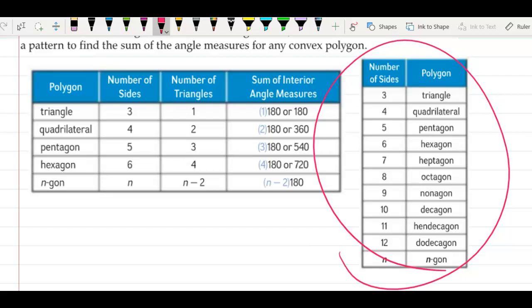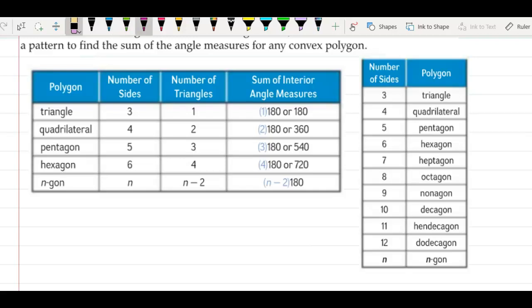Remember, they're named by the number of sides they have. You all know triangle, probably quadrilateral, pentagon, hexagon, octagon, maybe decagon. Anything over 12 is just called an n-gon, so if it had 15 sides, it would be a 15-gon. Just keep that in mind as we go through this, okay?